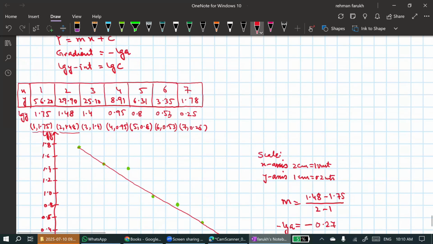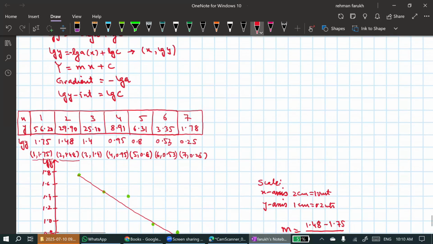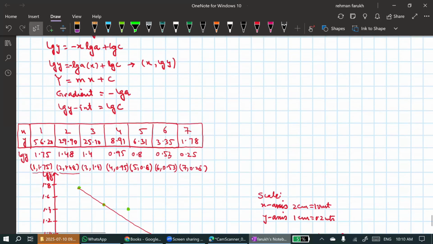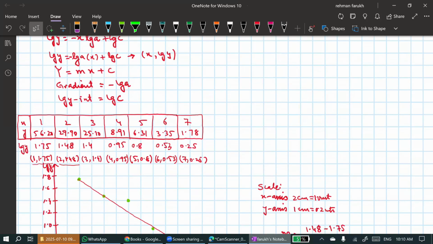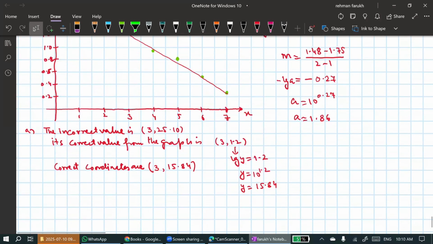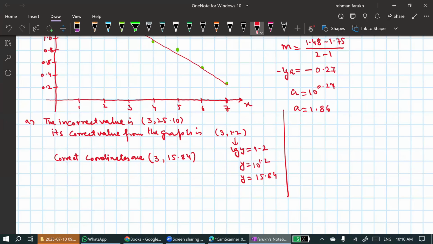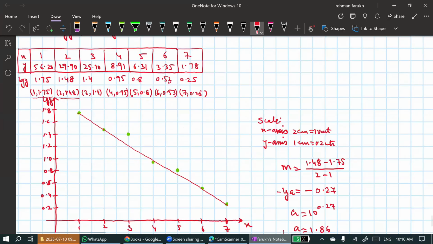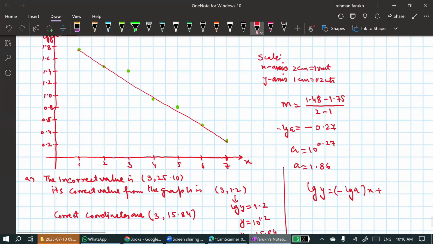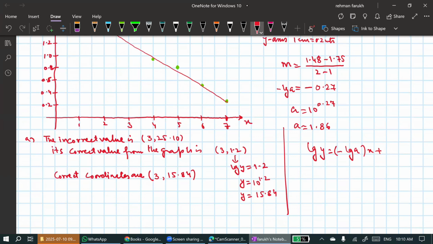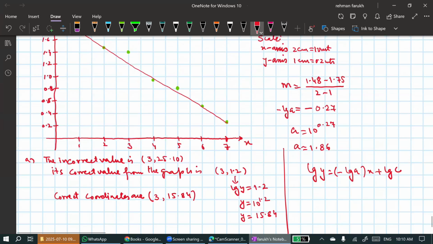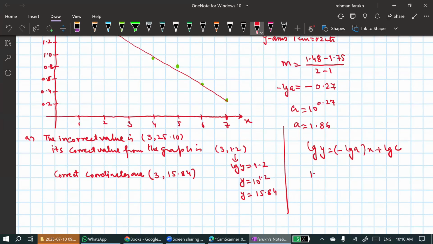Now we want to find out the value of C. To find the value of C, I will use the first point. The equation is LGY equals minus LGA times X plus LGC. Now I will use the first point, 1 and 1.75.